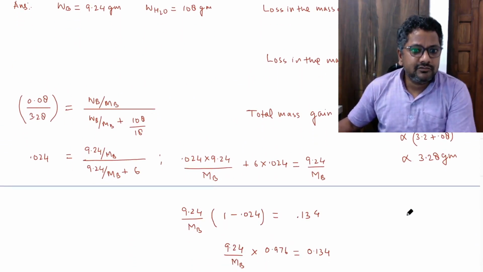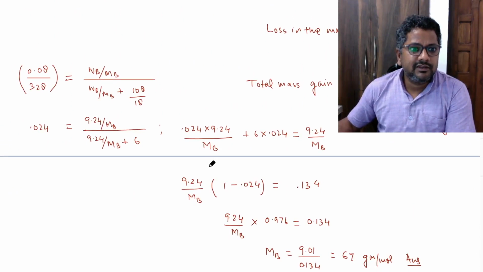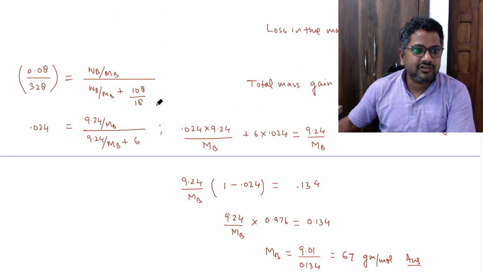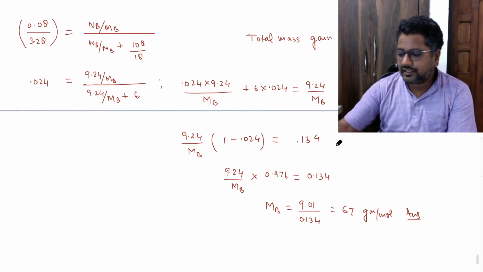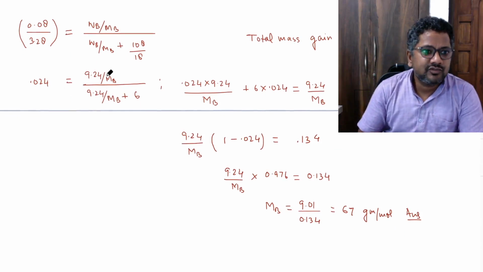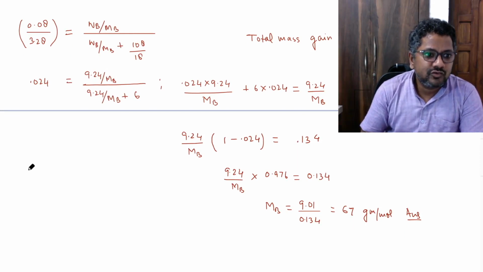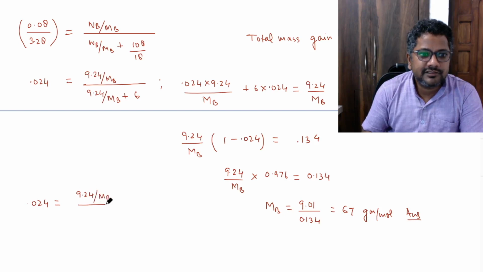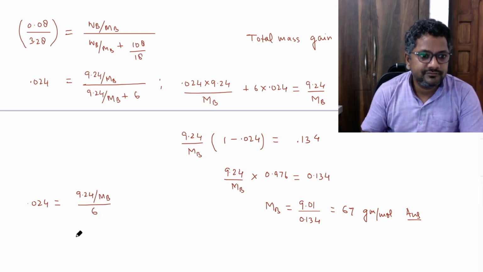And if you take an approximation here, you can check what is the difference. Suppose that this is here, now we can approximate here. So 0.024 is equal to 9.24 by MB by 6, right?